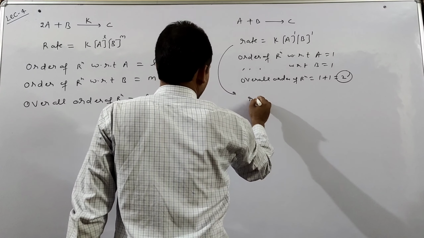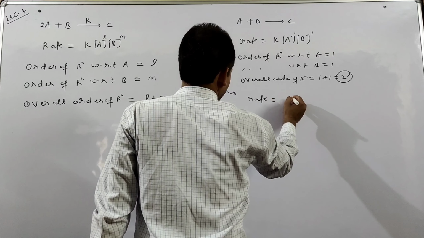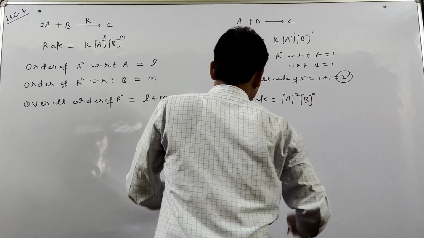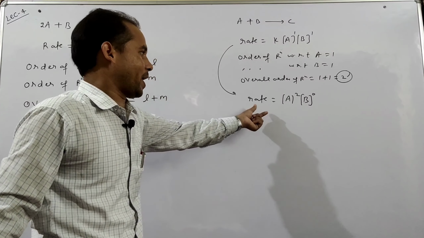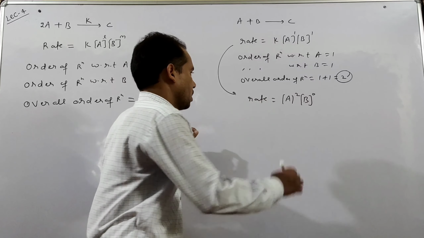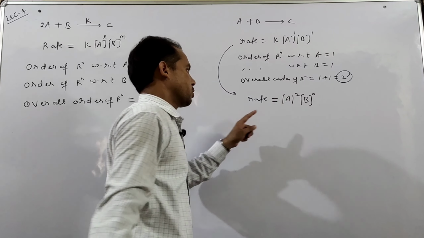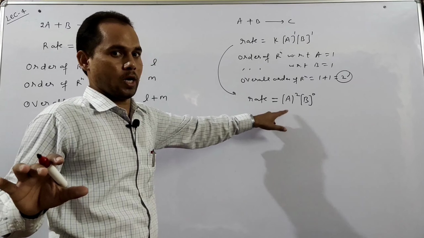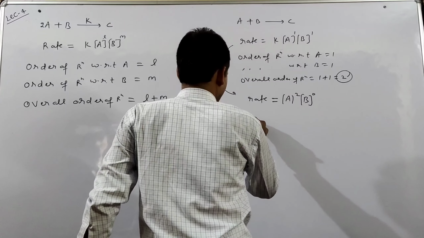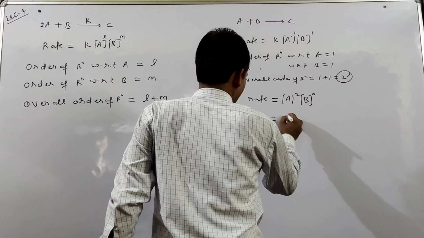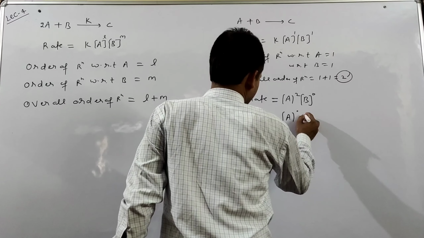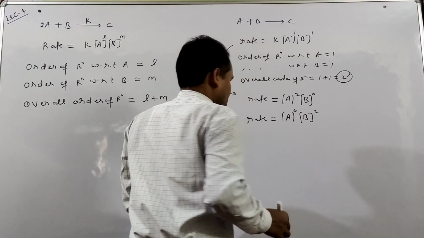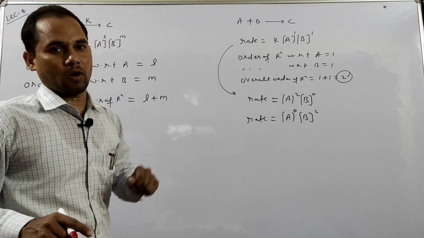Suppose the rate equal to concentration of A to the power 2 and B to the power 0; this rate law equation also expresses second order. Similarly, if we write the rate equal to concentration of A to the power 0 and concentration of B to the power 2, this rate law equation also represents a second order reaction.